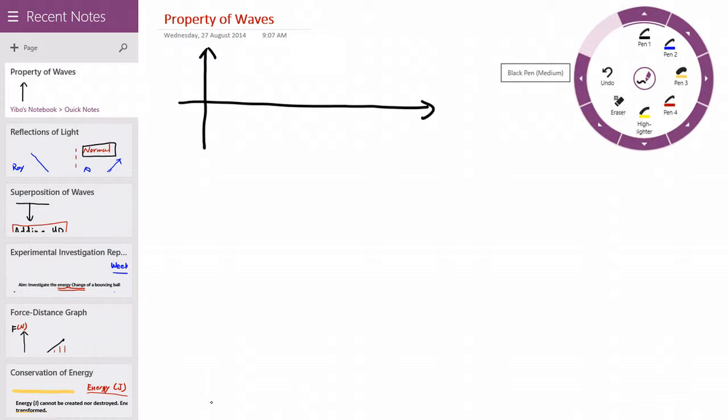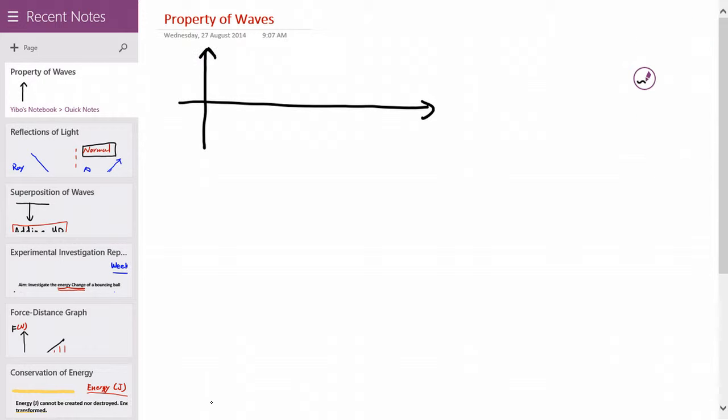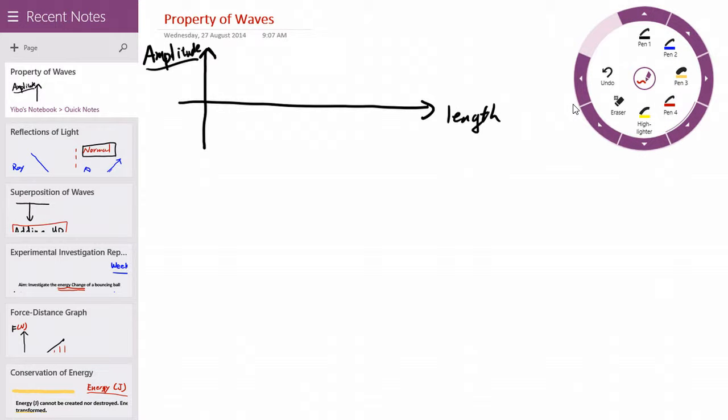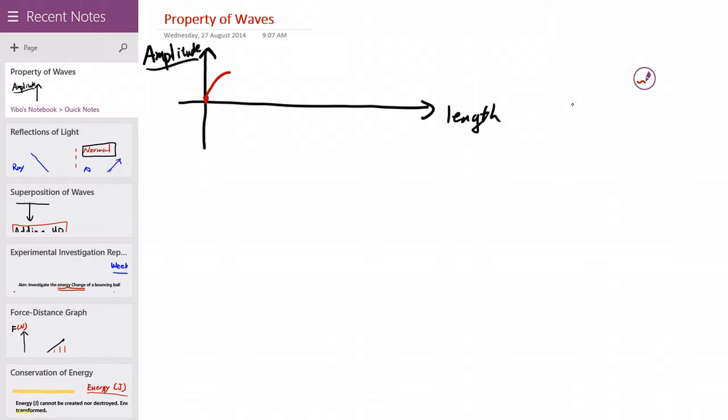Now, the number one way is we have amplitude on the y-axis, and we have the length on the horizontal axis. So then we sketch a sine wave.